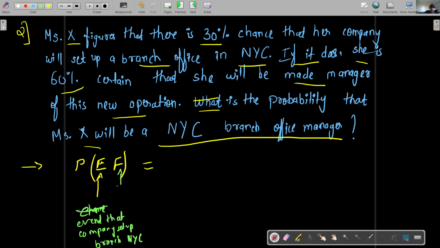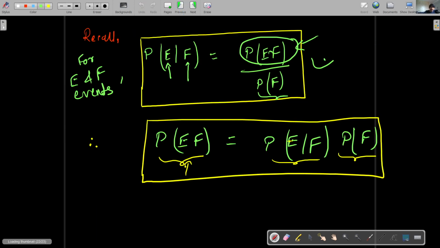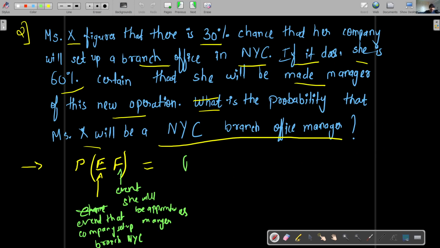And F is the event that she will be appointed as manager over there. So just what we have seen in our previous slide, we can simply write P of E intersection F equals P of E given F into P of F.